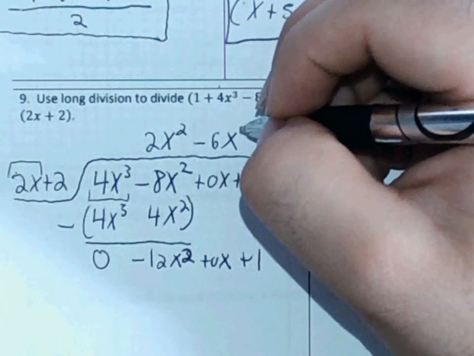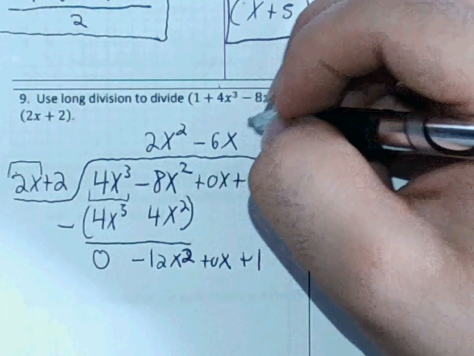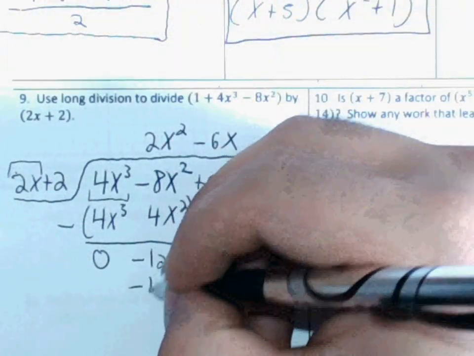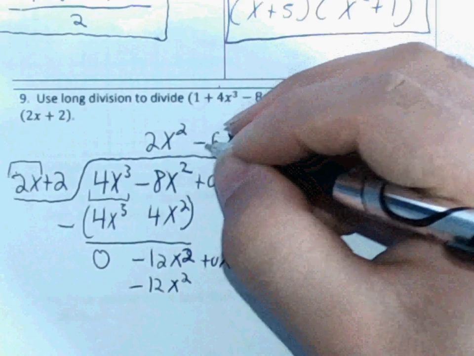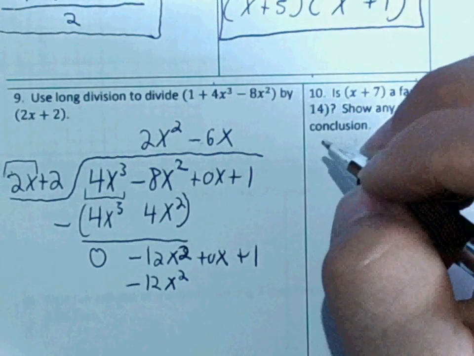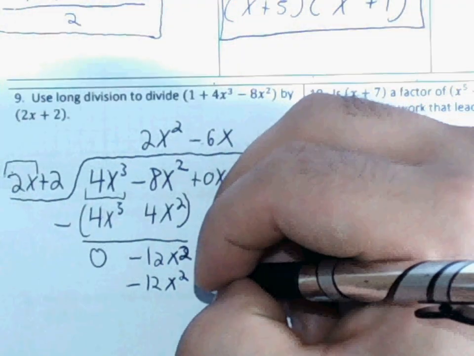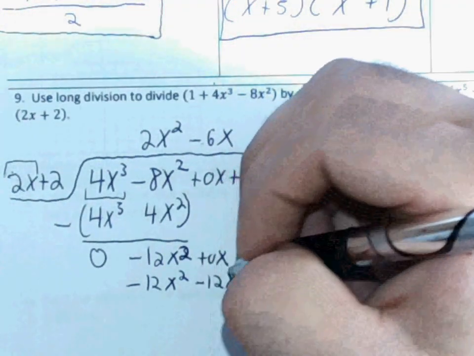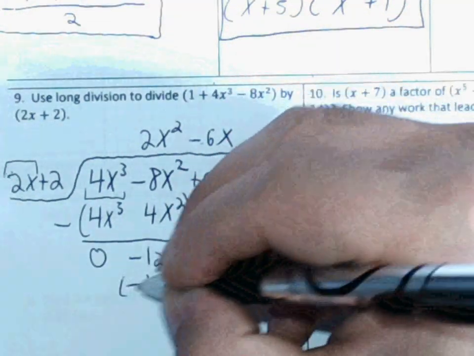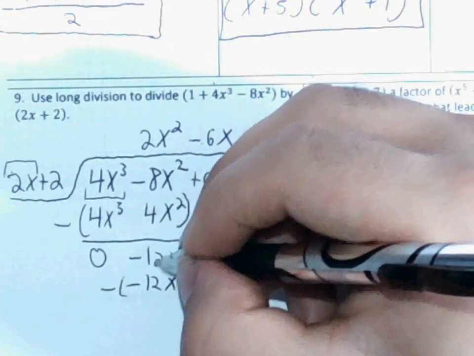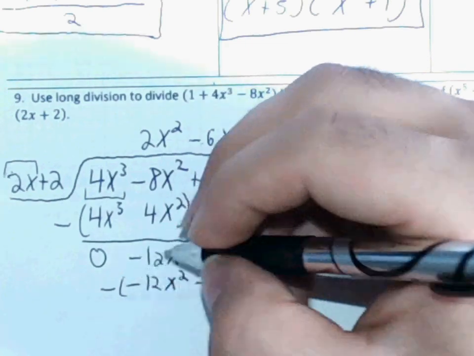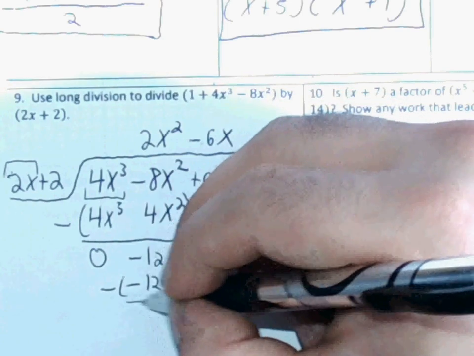The reason why it's minus 6x is that minus 6x times 2x is negative 12x squared, and minus 6x times 2 is going to be minus 12x. And so put parentheses around it, subtract: negative 12x squared minus negative 12x squared is negative 12x squared plus 12x squared. So that's going to be 0.